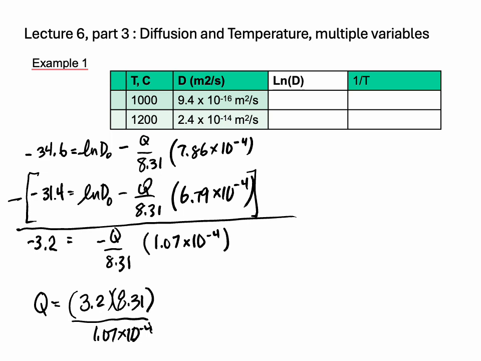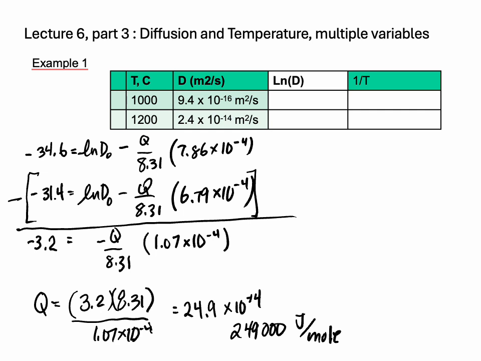And let's see, that would be 24.9 times 10 to the positive 4. So that's 249,000 joules per mole.